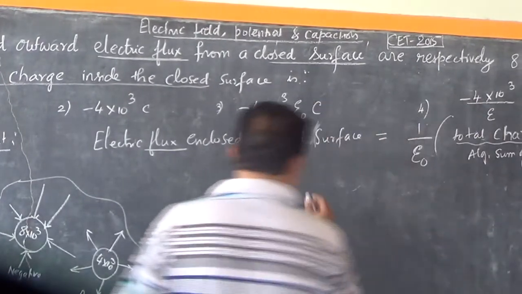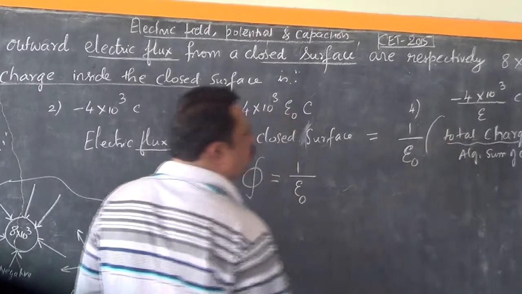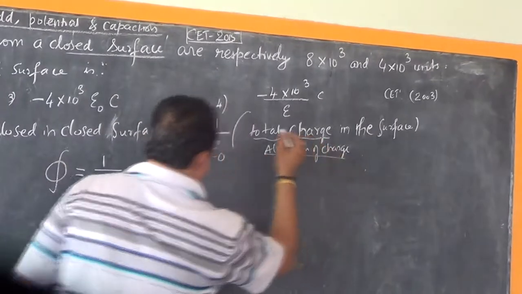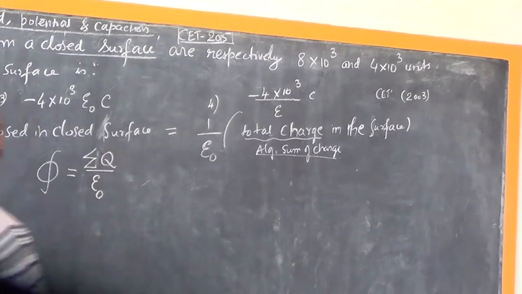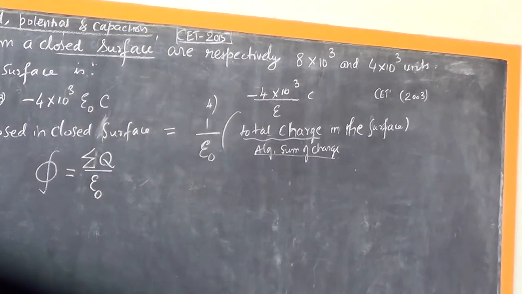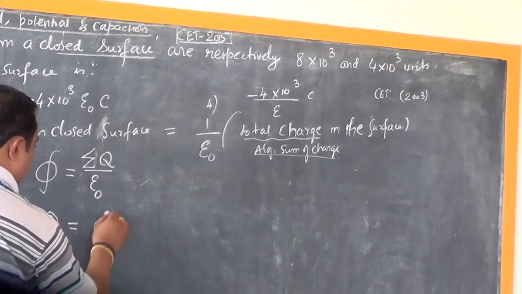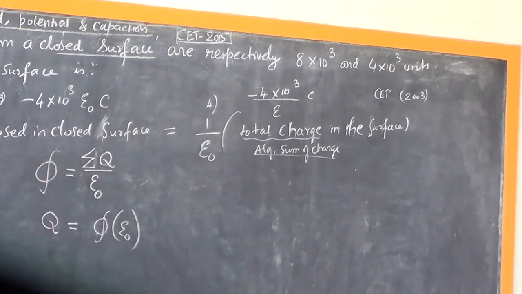So phi is equal to 1 by epsilon naught times the total charge enclosed in the surface, the algebraic sum of the charge, that is, I can write it as sigma q, or we get q is equal to phi times epsilon naught, q or sigma q, whatever it is.